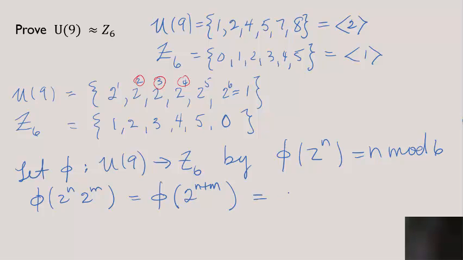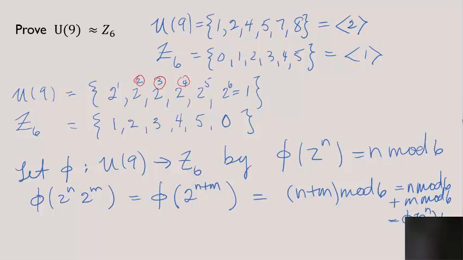And that is n plus m mod 6. And that is n mod 6 plus m mod 6, which is equal to phi of 2 to the n plus phi of 2 to the m. Sorry, that's a bit messy there. But we show that it is operation preserving.